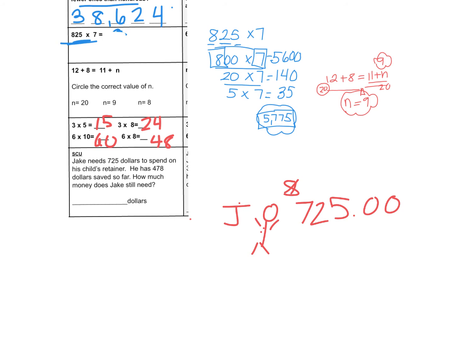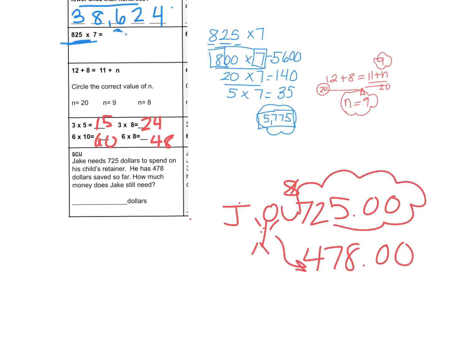He already has $478. That's what he has already. That's what he needs. That's a lot of money. Here's what he has right now. So how much does he need to get to $725?